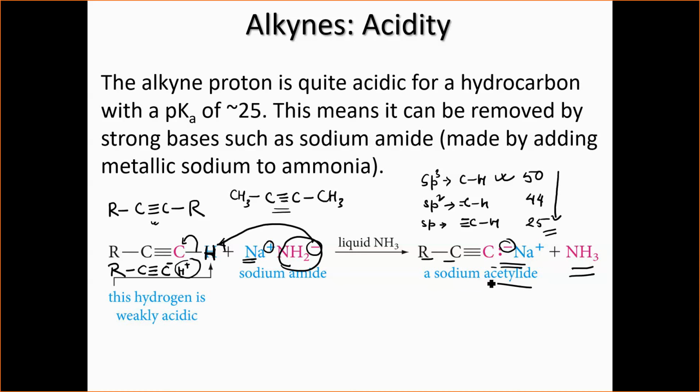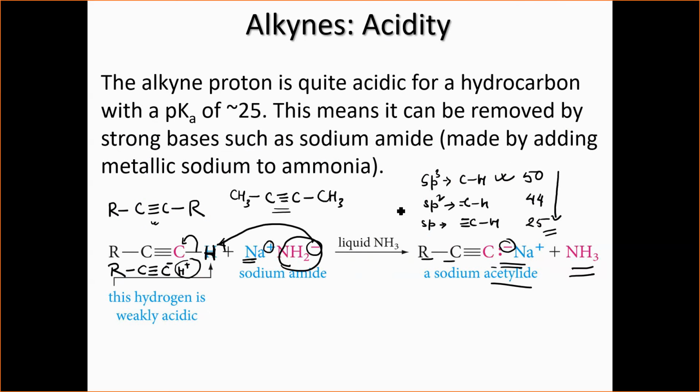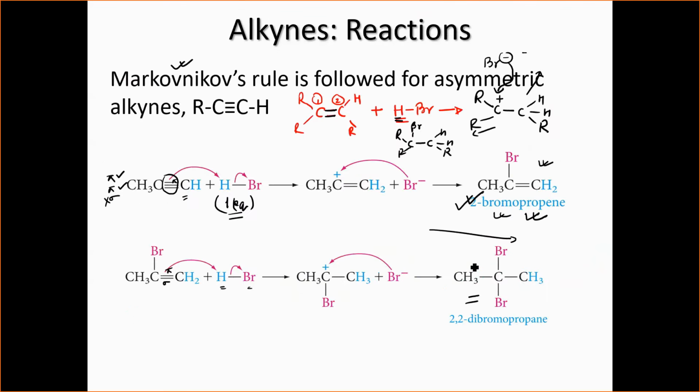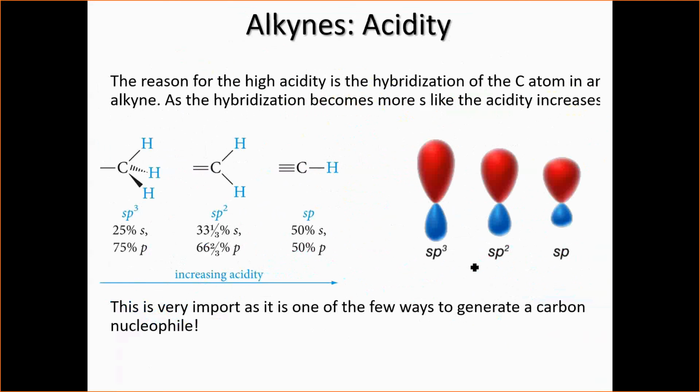This acetylide is highly reactive. It can undergo any kind of addition reaction and substitution reaction. We're going to talk about its reactivity in another chapter. So these are a few reactions of the alkyne, the chemical properties of the alkyne.